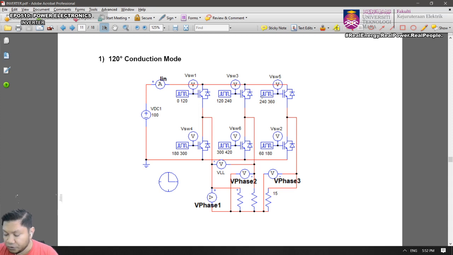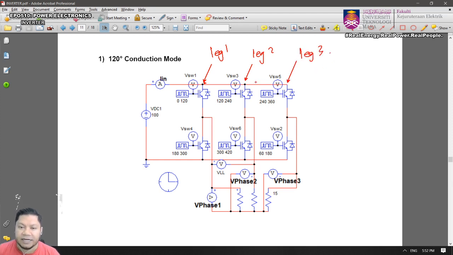So I mentioned to you we have legs. So here you have leg 1, right? Then you have leg 2, and then you have leg 3, right? So we have 3 legs, and the midpoint of each leg here will be connected to the load.